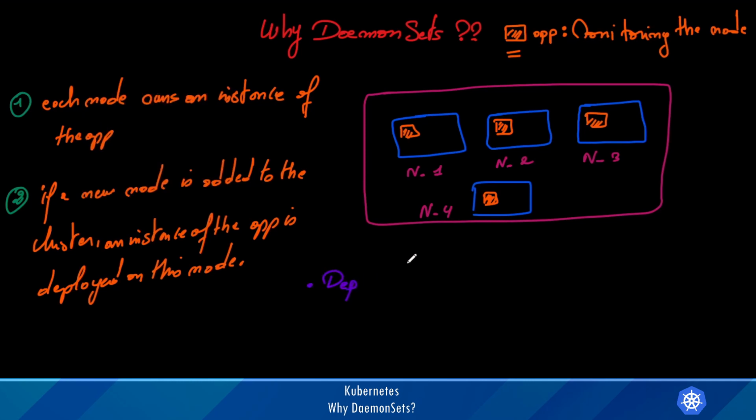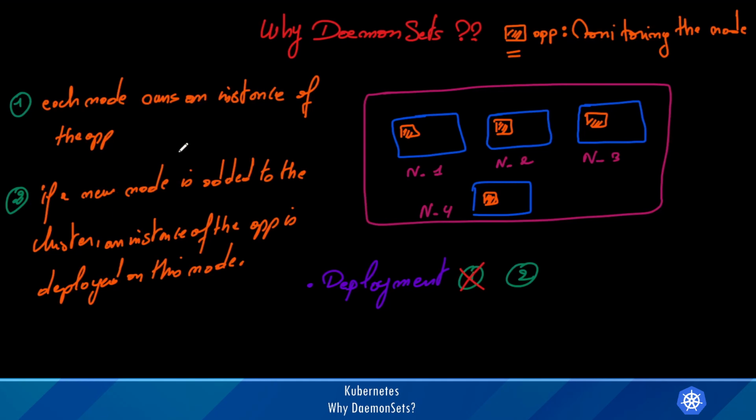So we can deploy our application using a Deployment in Kubernetes, but the problem is that we want to achieve these two requirements, and this can't be done using a Deployment. With a Deployment we can make sure that we have, for example, 4 or 5 instances of this app running in the cluster, but we can't make sure that each node runs an instance of the app.